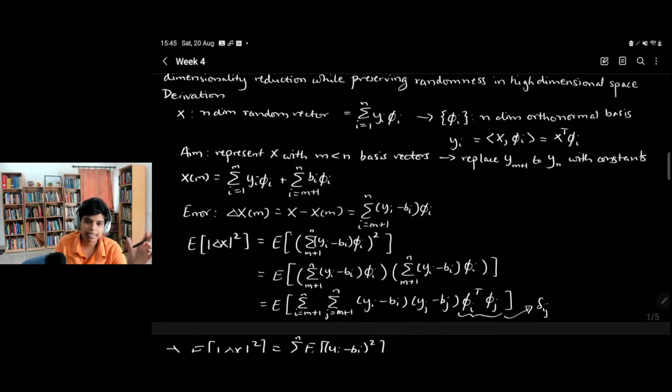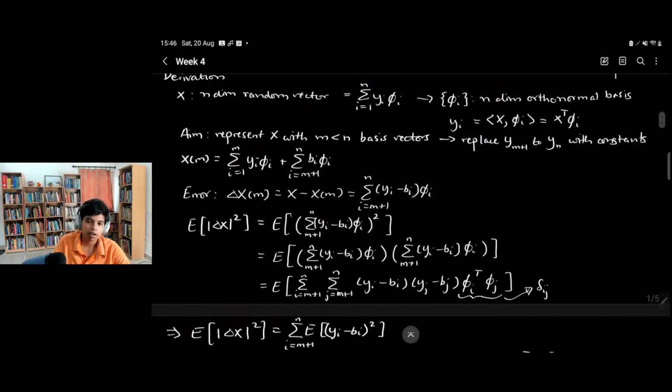So this is just being expanded, you are opening up the square and using different indices for the different summations. So the I and j summation comes from that, and that's why you have these I and j indices, and this term right here would give you a Kronecker delta function.